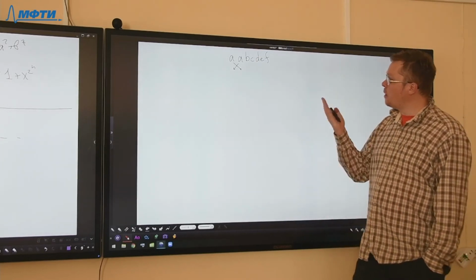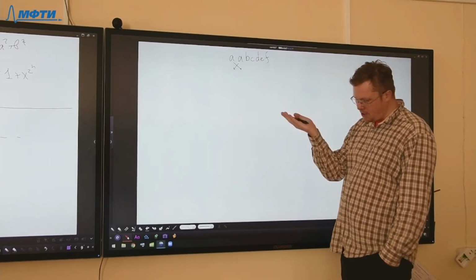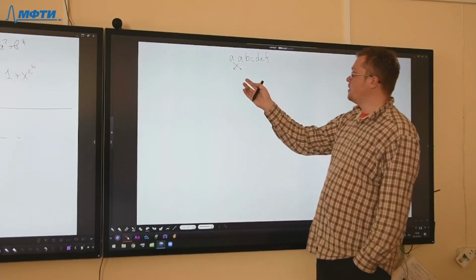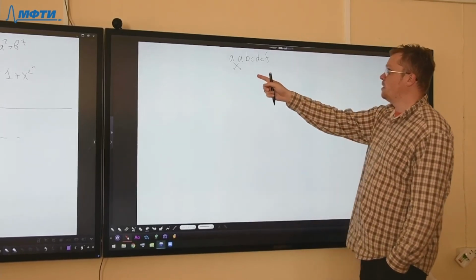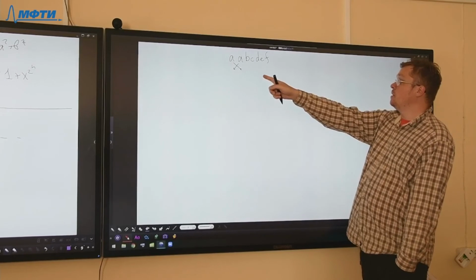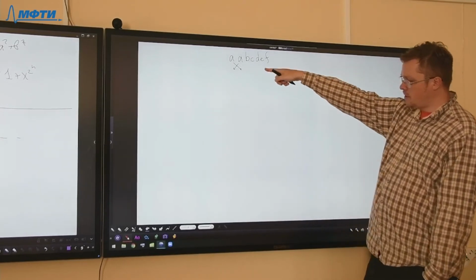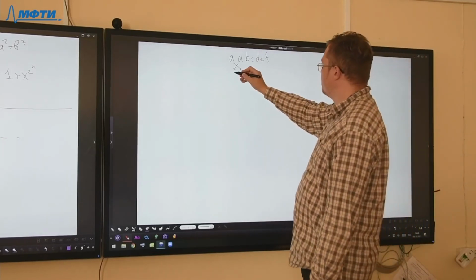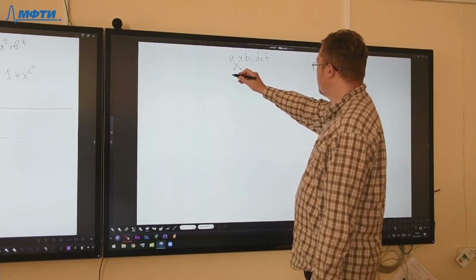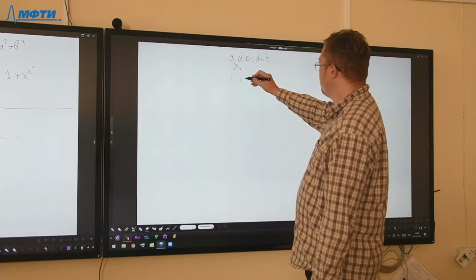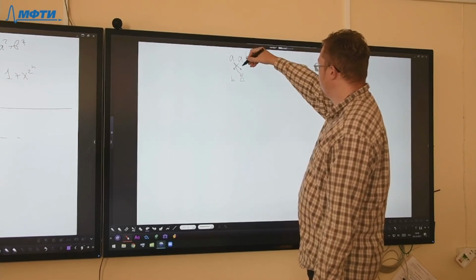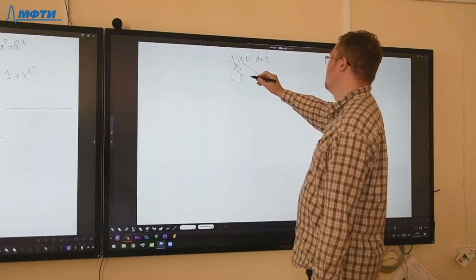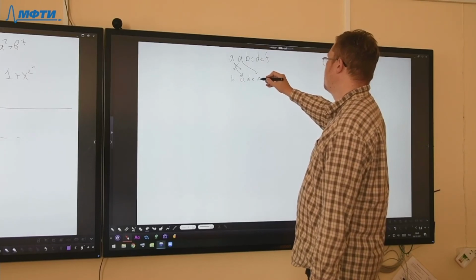So I want to calculate the number of permutations such that there are no same letters in the same column. For example, I can put QBC here, but I cannot put this. This is not a derangement.